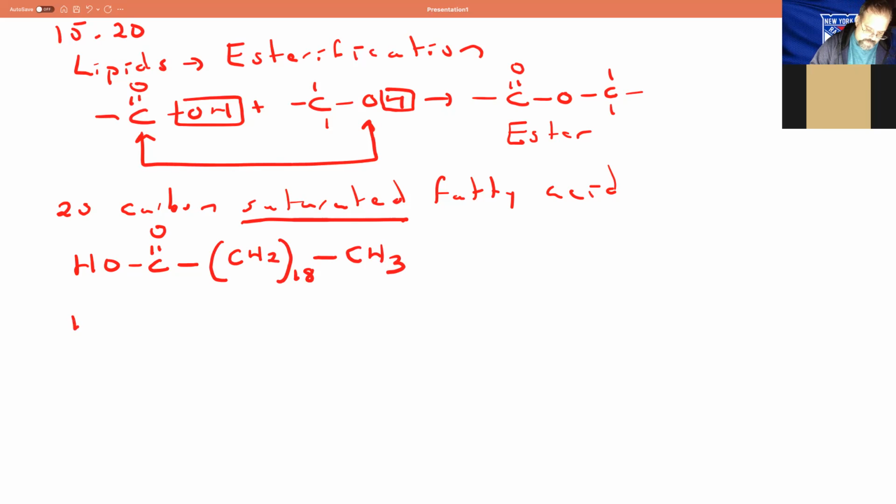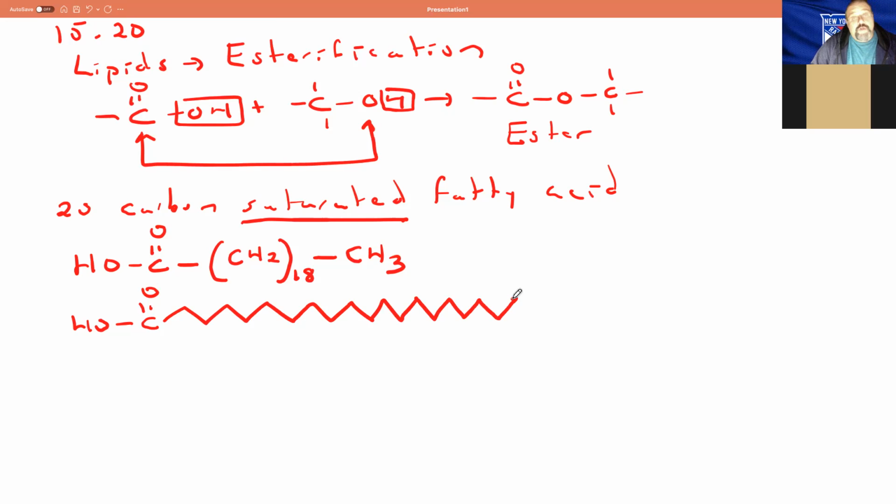The other way you could draw this would be to put the carbon chain in skeletal form: 1, 2, 3, 4, 5, 6, 7, 8, 9, 10, 11, 12, 13, 14, 15, 16, 17, 18, and then your 19th and final carbon. So those are a couple different ways. You could draw all 18 CH2s out, but that's going to make it a little difficult.